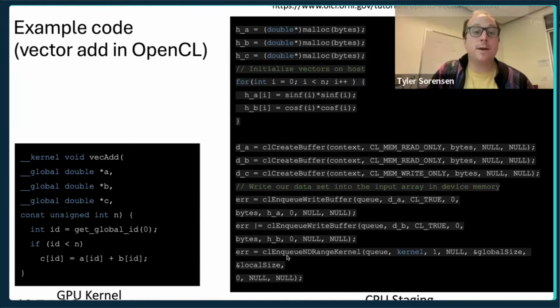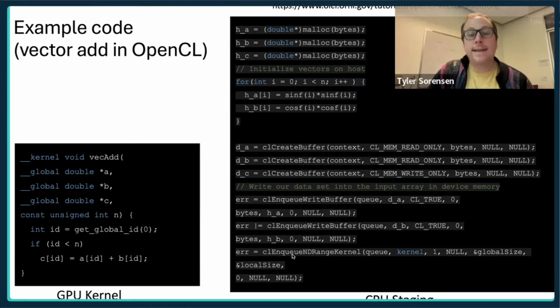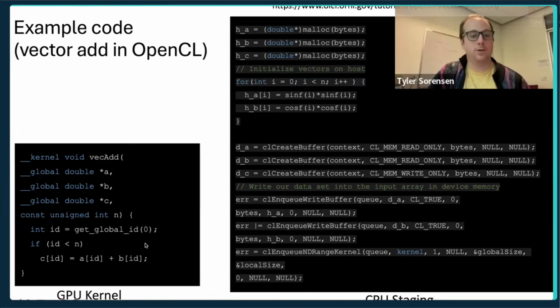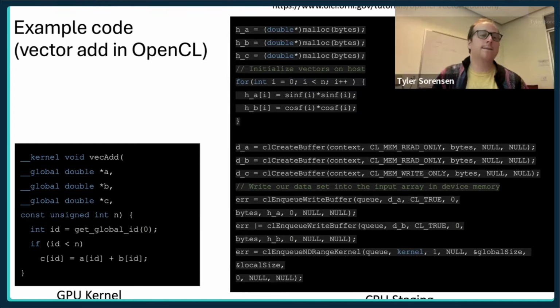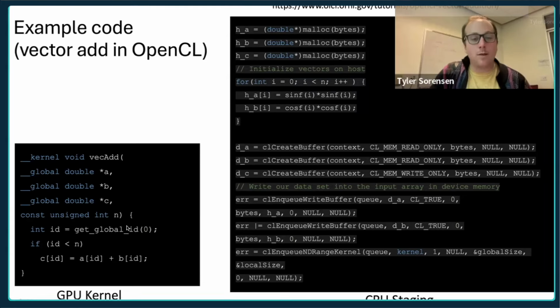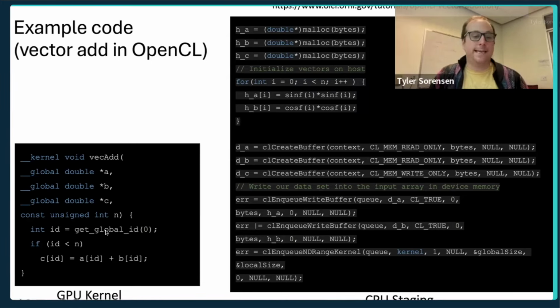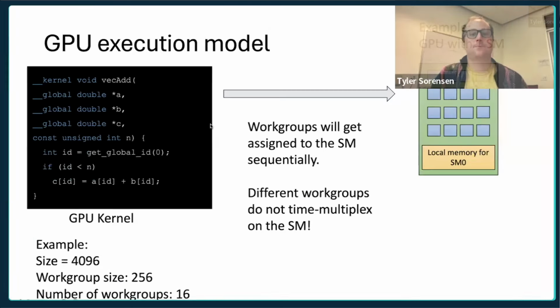And then finally, when the memory is all staged, it enqueues that kernel, which basically tells the GPU, okay, your memory's ready, now you go do this. And so this is the interplay of what the CPU does and what the GPU does. GPUs tend to do smaller, simpler, data-intensive computations, where the CPU preps the memory and everything like that.